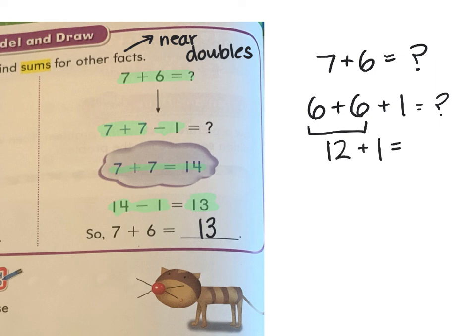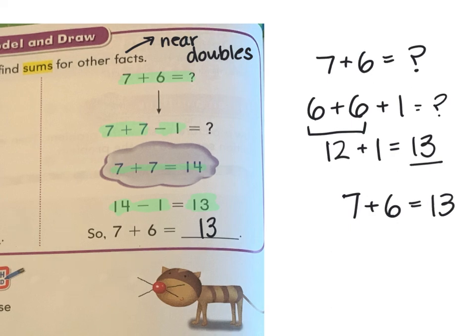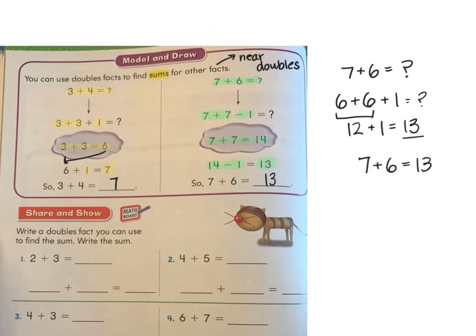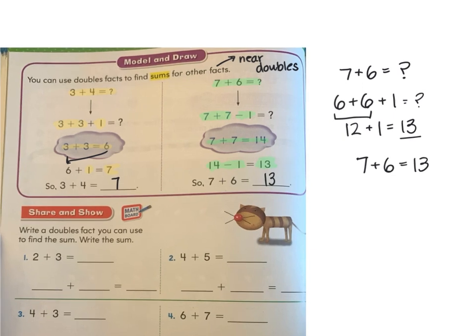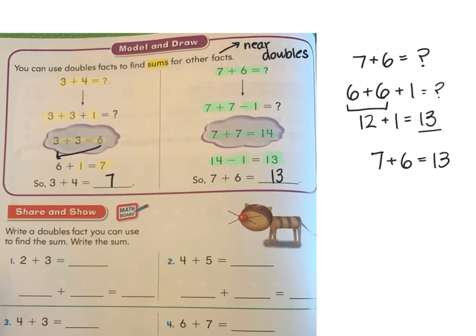Add 1 to that, and what do we get? The sum of 13. So that means, again, 7 plus 6 equals 13. So this is called a strategy. This is one way to help you to add.